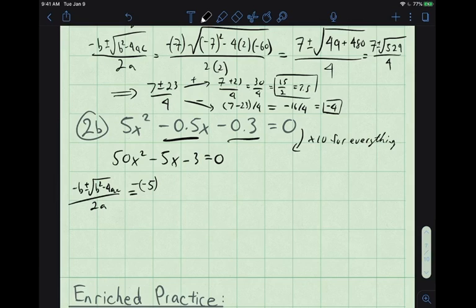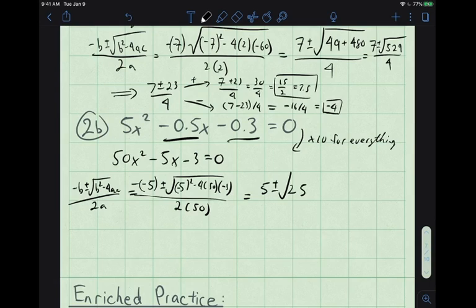Negative of negative 5 plus or minus the square root of negative 5 squared minus 4 times 50 times negative 3, all over 2 times 50. Positive 5 on the outside, 25 plus 600, all over 100. 5 plus or minus the square root of 625.